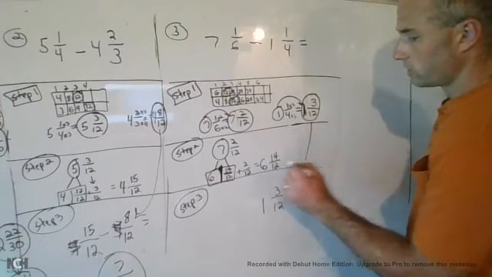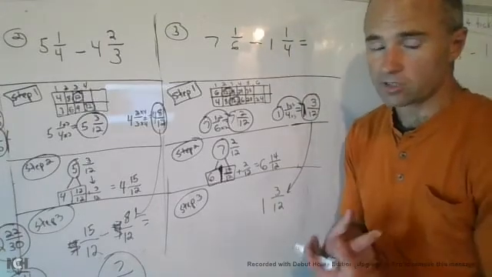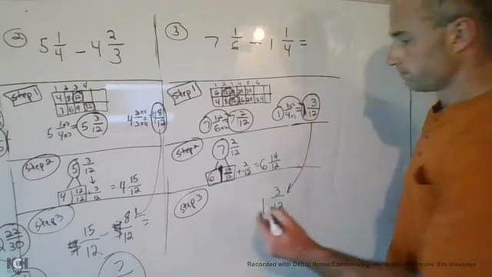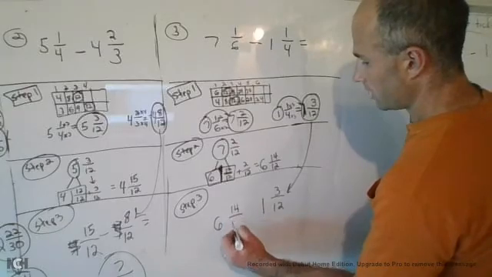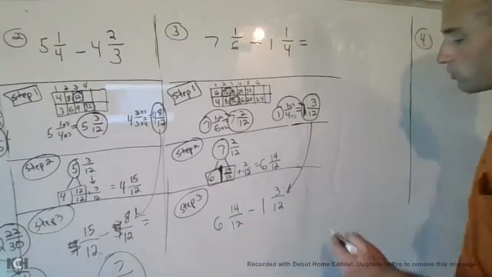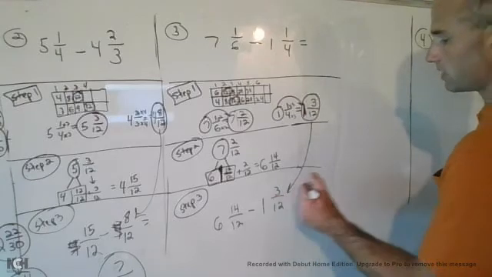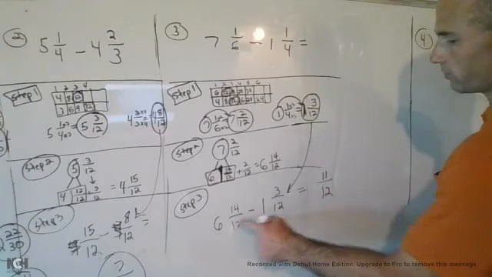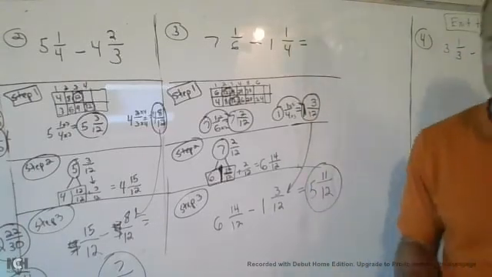So 14 over 12. It's improper, but it's now something I can take away the 3 from. So 6 and 14/12 minus 1 and 3/12. Take away 3 from 14 equals 11/12. Take away 1 from 6 is 5. 5 and 11/12.